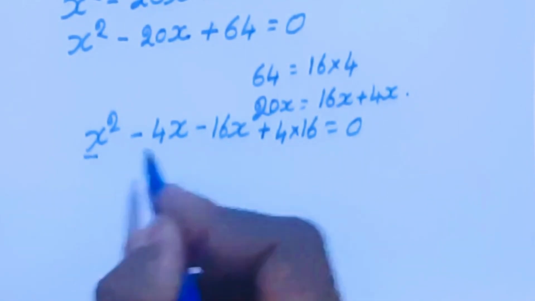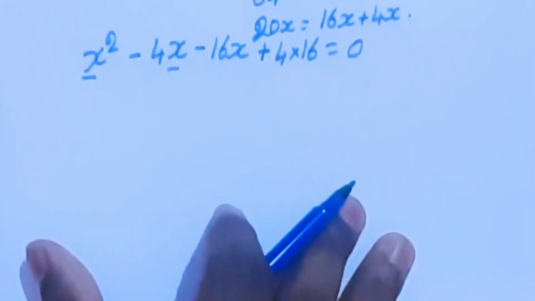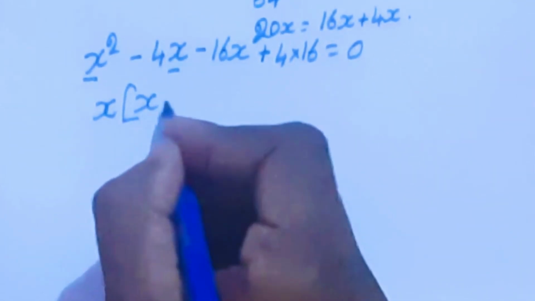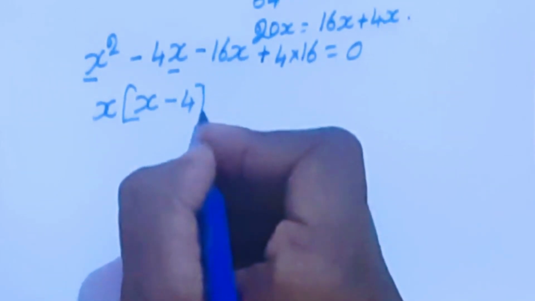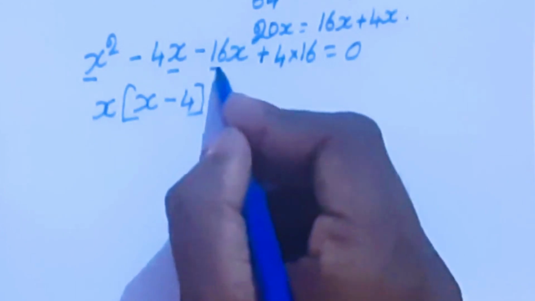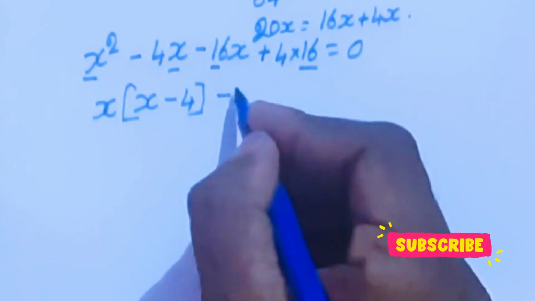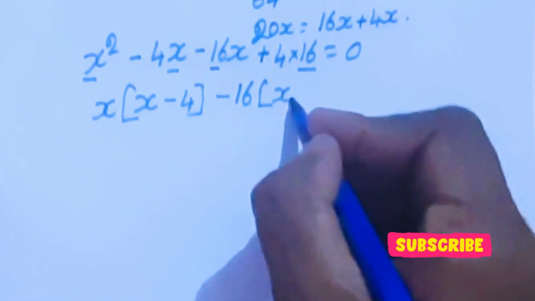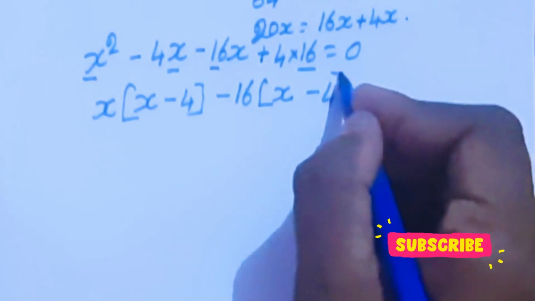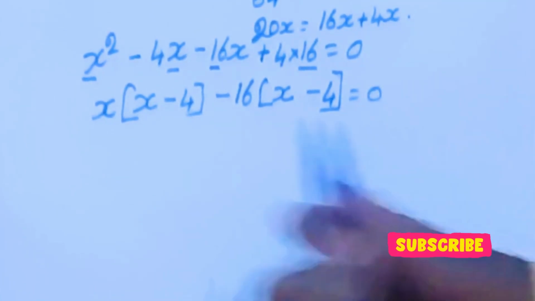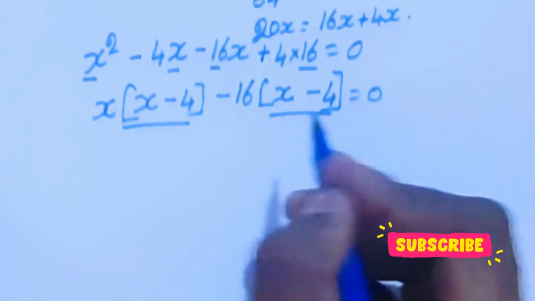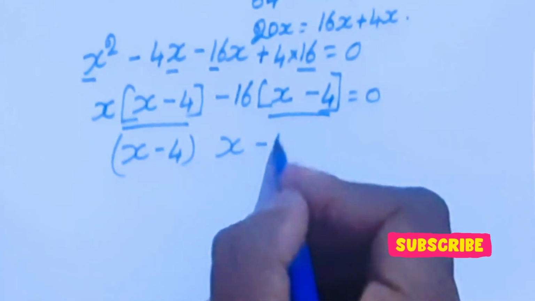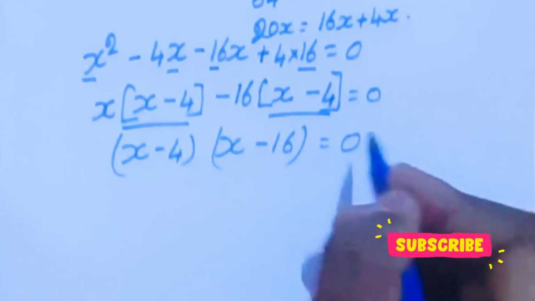Now we are going to take x common from this, so x(x - 4), and -16 we are going to take, so -16(x - 4) = 0. Now x - 4 common we are going to take, so (x - 4)(x - 16) = 0.